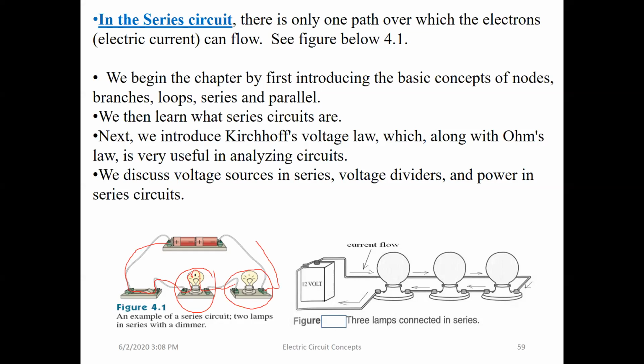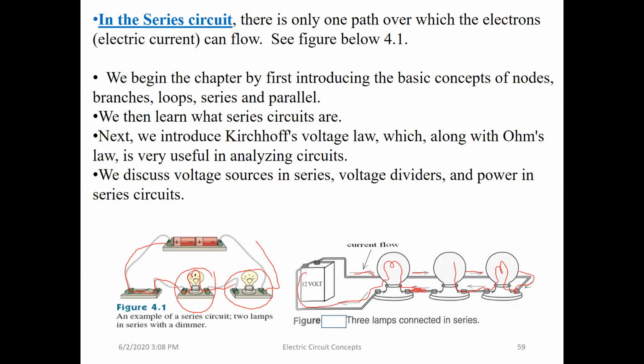Same thing here. We have the batteries, and the current flows through this wire from the back, coming into this point, going inside and coming out, going inside the second light bulb, coming outside, and then going inside, coming outside, and going to the other side of the terminal.